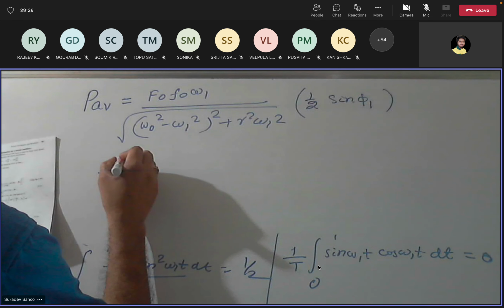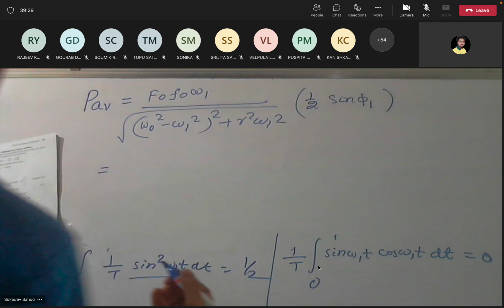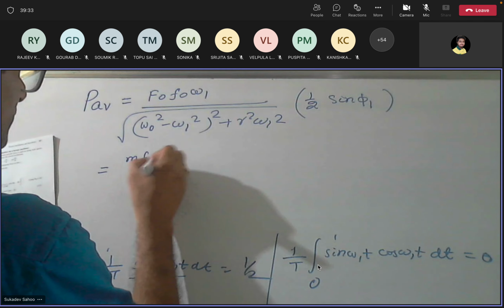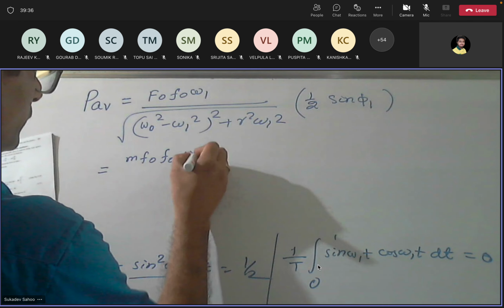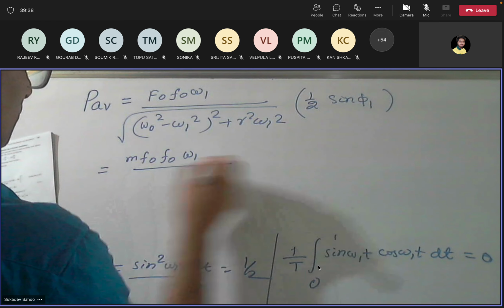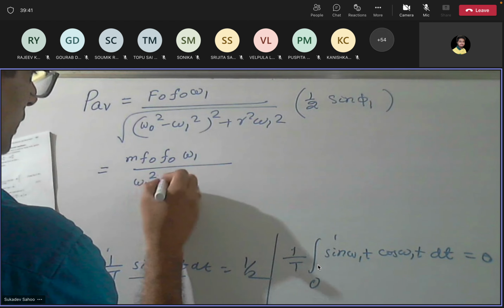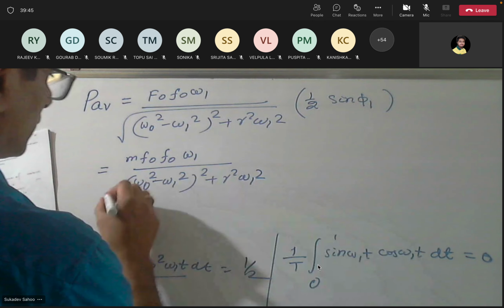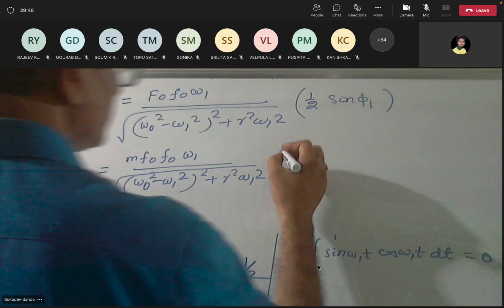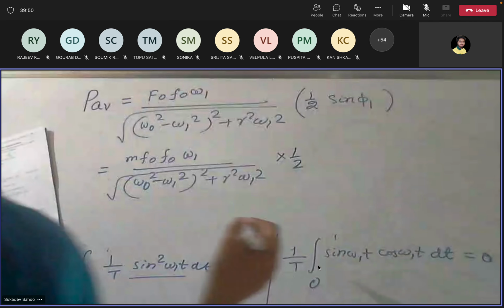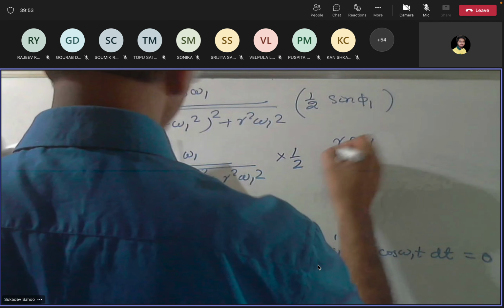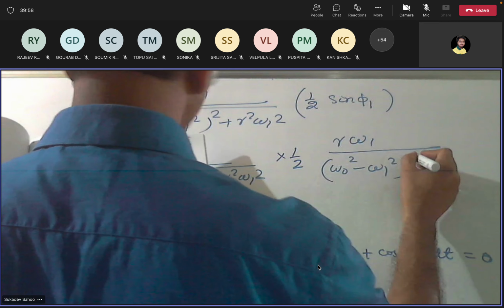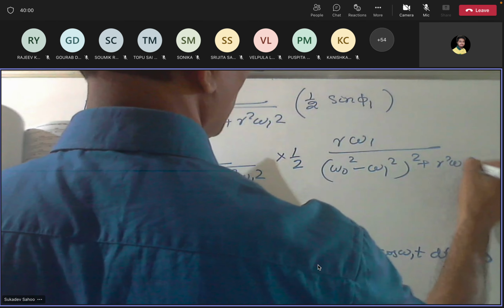We will get m F0 omega 1 divided by omega 0 square minus omega 1 square, into half, then sine phi 1, that is gamma omega 1 divided by omega 0 square minus omega 1 square, whole square, plus gamma square omega 1 square.